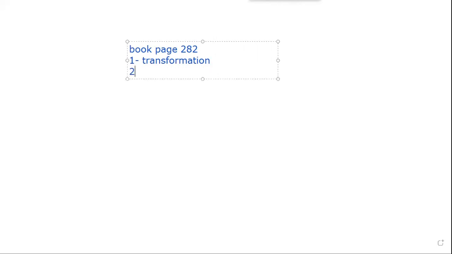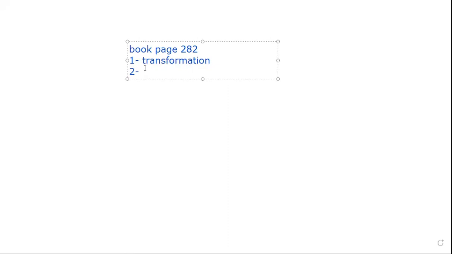Question number 2. Miss, can I answer? Okay, Ali. When you perform a transformation of a figure on the coordinate plane, the input of the transformation is called? The pre-image.